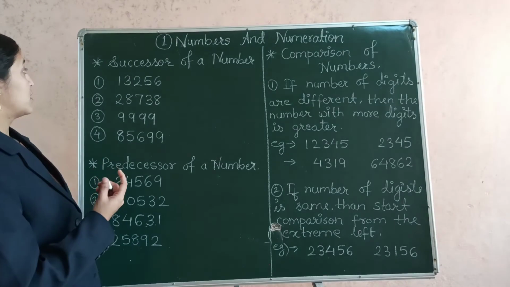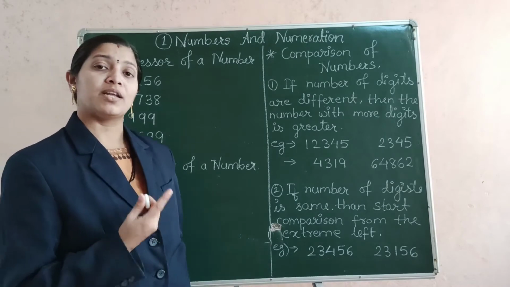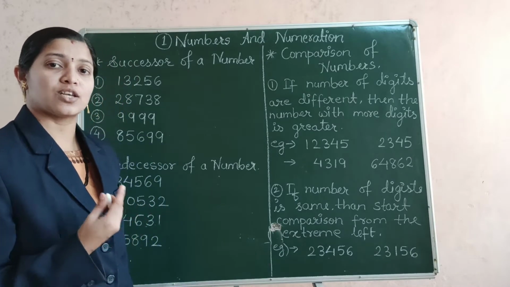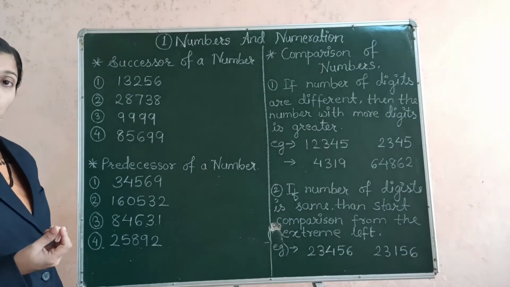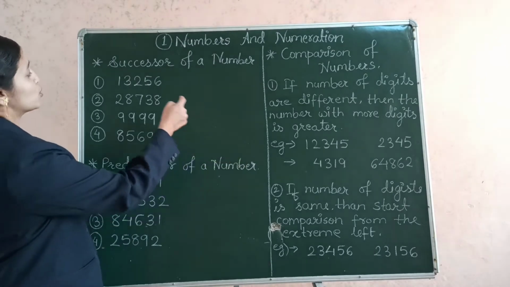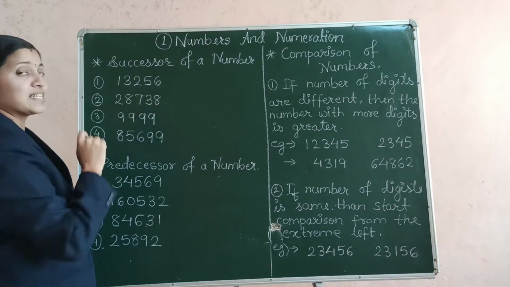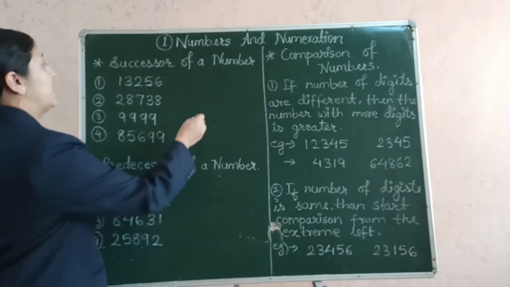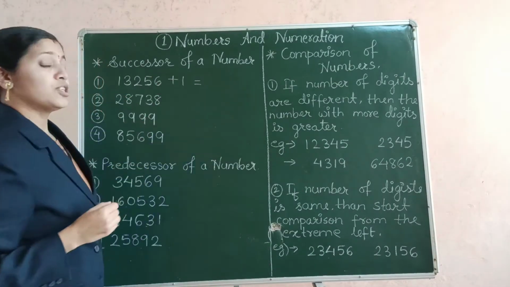The other way to say it: if we add 1 to the given number, we will get its successor. So what are we supposed to do? We are supposed to add 1 to the given number. So 13,256 is the given number, and if we add 1 to it, what is going to be the answer?